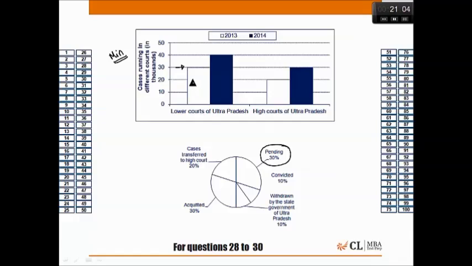So 9,000 is definitely going to be, whatever happens, 9,000 has to go that side.